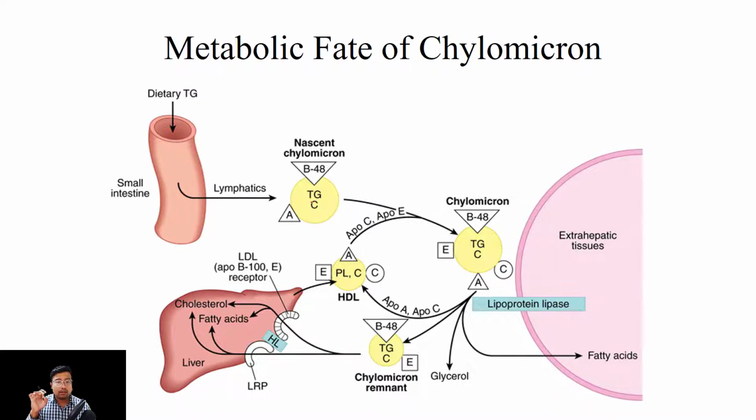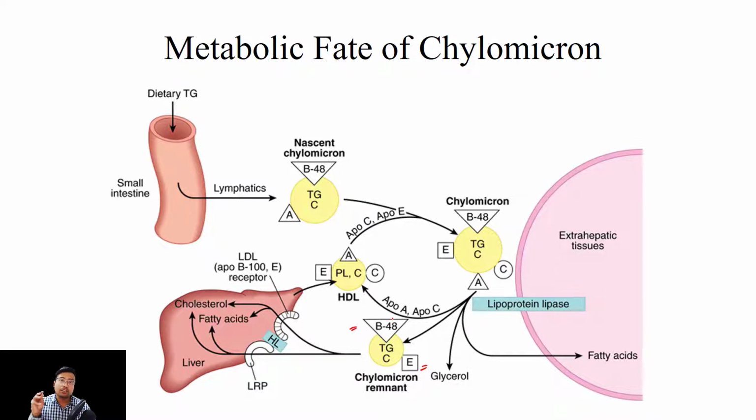Okay, so what happens to it? This chylomicron remnant is now absorbed by the liver. It finally is delivered to the liver. How? Because there are multiple receptors in the liver that can identify these various apolipoproteins as ligands.